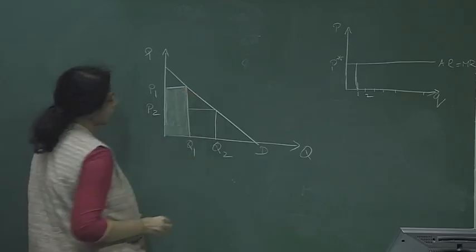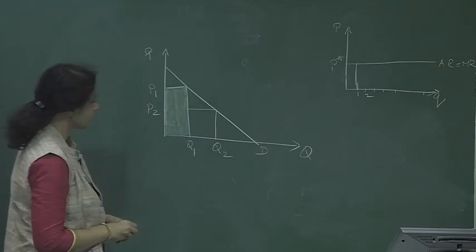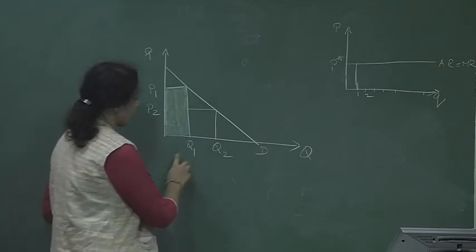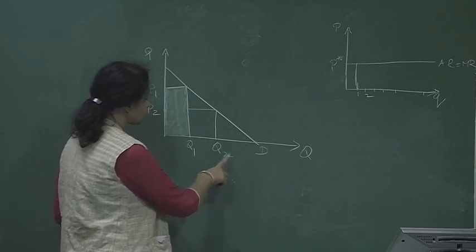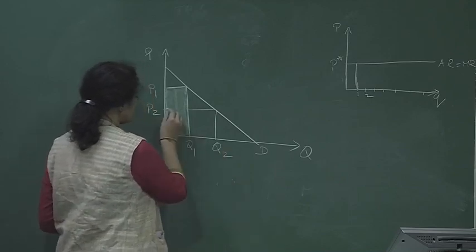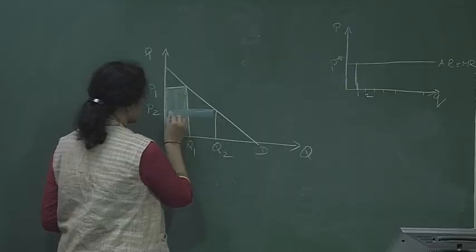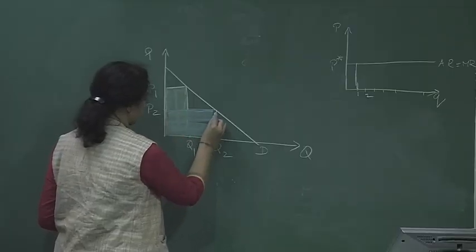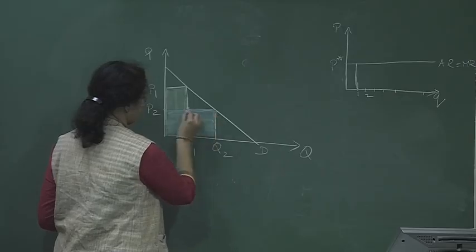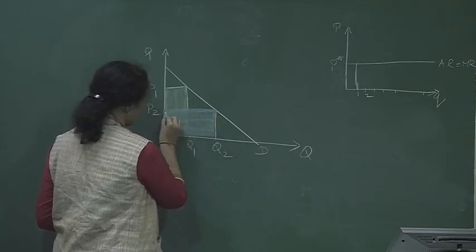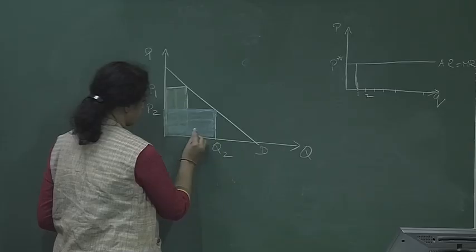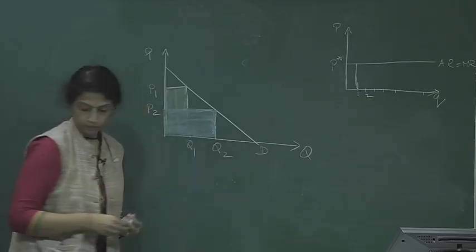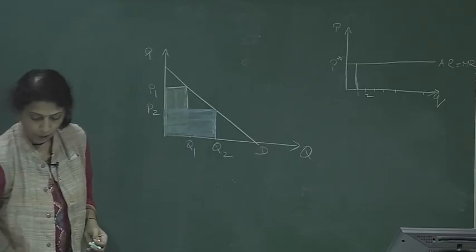This was the revenue that he was getting earlier, P1 Q1, and now the revenue that he earns by increasing his output to Q2 is this. So, this is the revenue that he earns now.